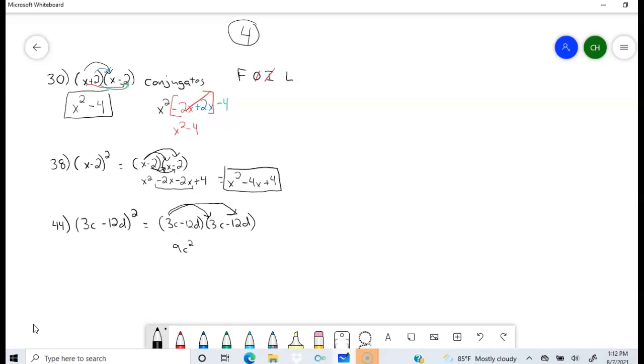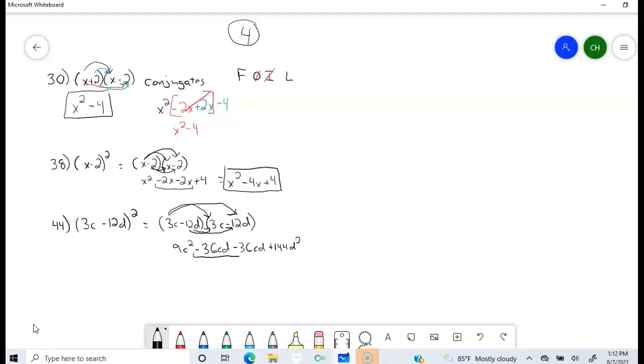Outer times the outer, positive 3 times negative 12 is minus 36. C times D is C times D. Negative 12D times 3C is minus 36CD. Last times the last is negative 12 times negative 12, which is a positive 144. And D times D is D squared.